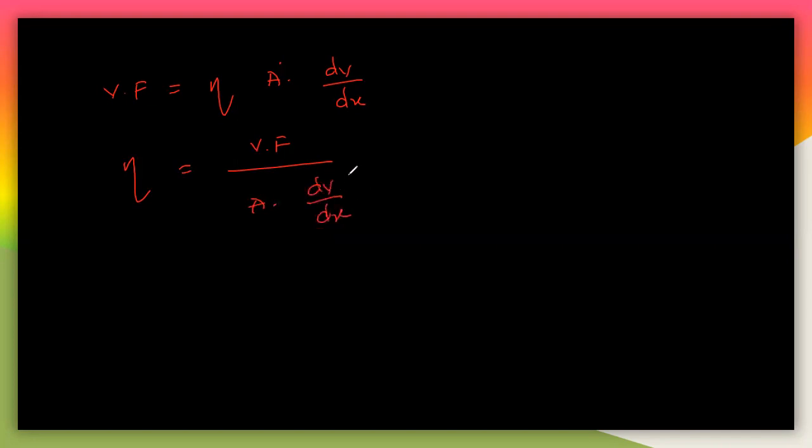Once again, the viscous force is equal to eta A into dV by dx. So eta is equal to the viscous force by A into dV by dx, where dV by dx is the velocity gradient.